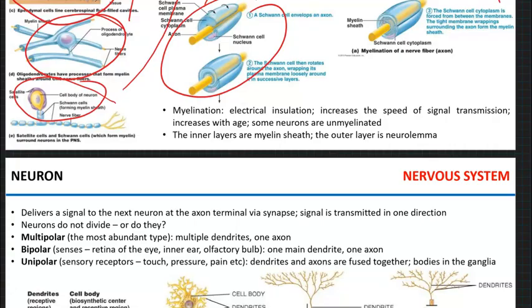All right. Does that make sense? So, the Schwann and the satellite cells are in the peripheral nervous system. And if you think, why do we even care?